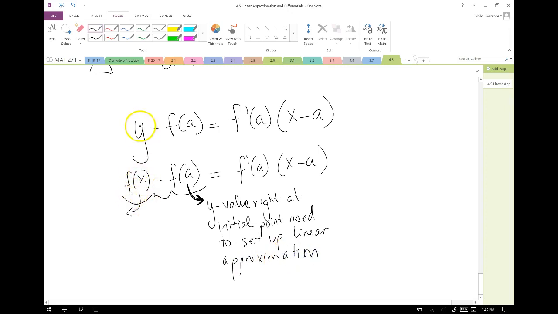And the y value up here, which is the y value we end up solving for, is the y value that we're coming up with as an approximation for our function.